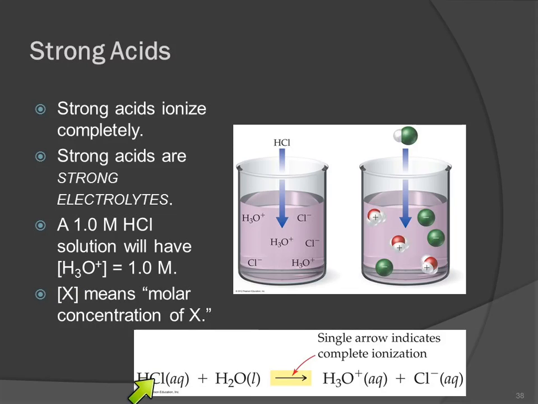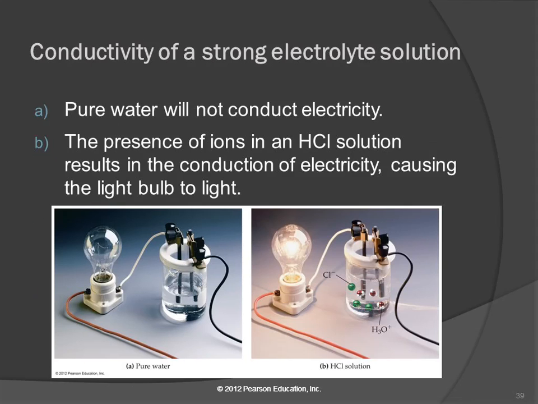So when we put hydrogen chloride, hydrochloric acid in water, this reaction occurs. This is a single arrow, which is indicating that it goes to completion. So we have hydronium ions, we have chloride ions, and that's it. That's a strong acid.